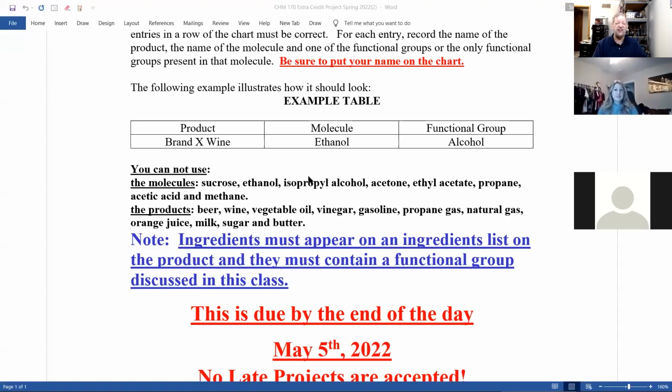All right, do you see the chart? Example table? All you have to do is have 3 columns. First column, product, and you put in the product name, like Carmex. Second column, molecule, and you'd put phenol. And the last one, functional group, and I said alcohol, or if there's more than 1 functional group, you only have to name 1.